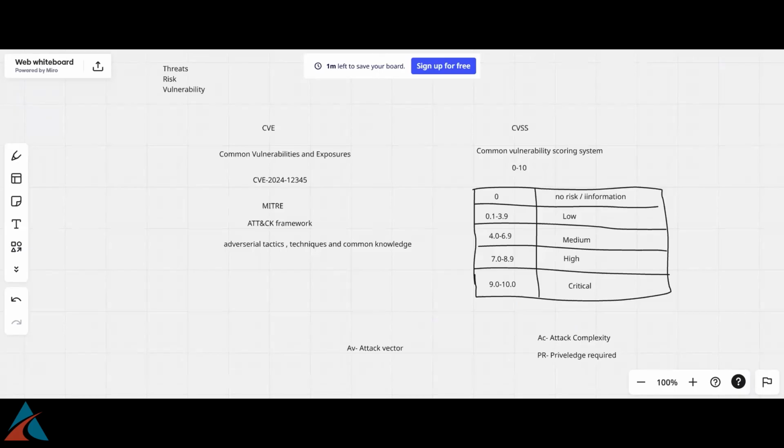Now, attack vector means think of this like a path or a route that attackers take to launch their attack. A way in which that attacker is going to launch its attack. For example, if an attacker wants to break into your company, the first question is how is that attacker going to get into my company? The answer is attack vector.